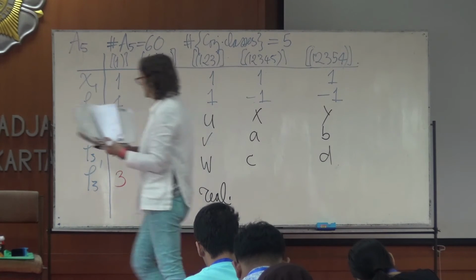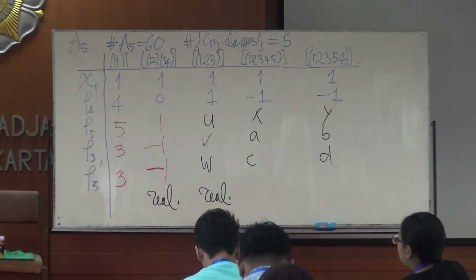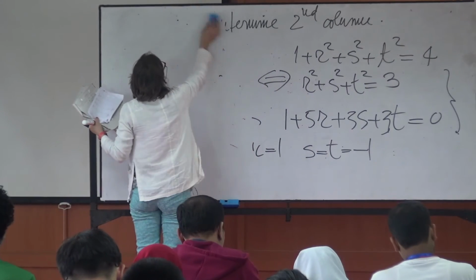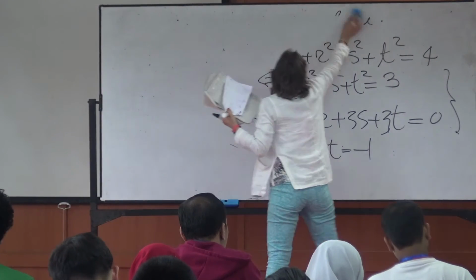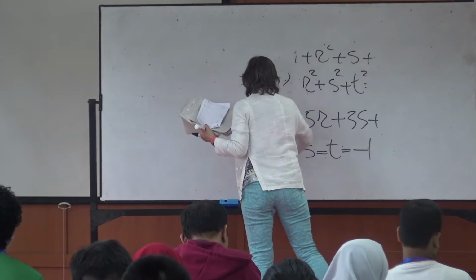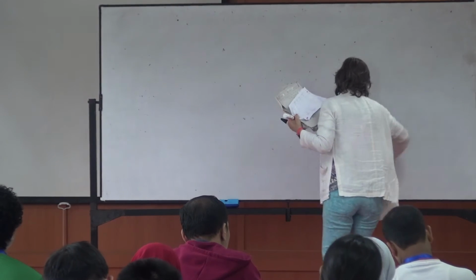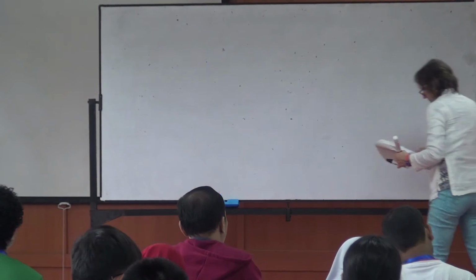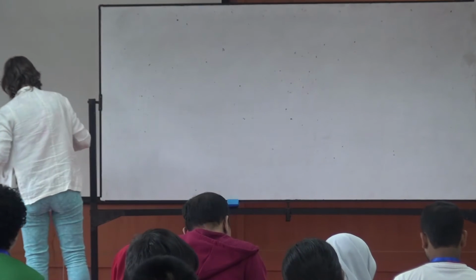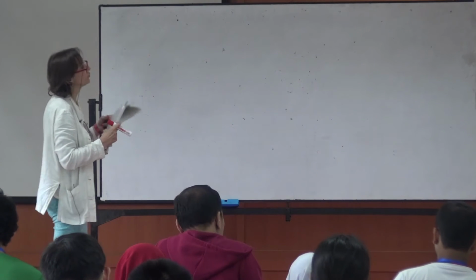So now we apply those general principles that I mentioned earlier to compute the third column. Okay, now point 7 will help us determining U, V, and W.